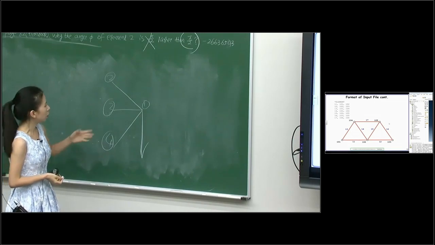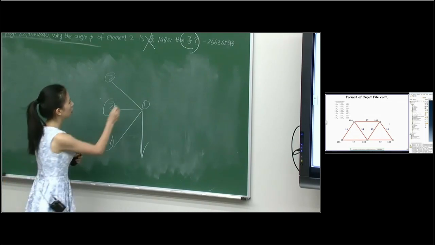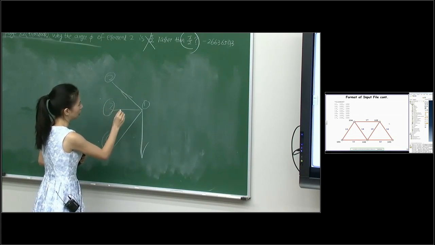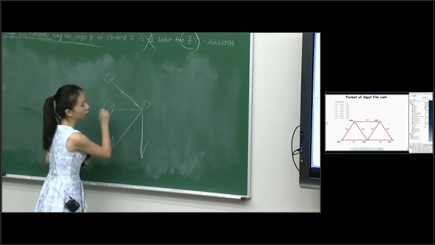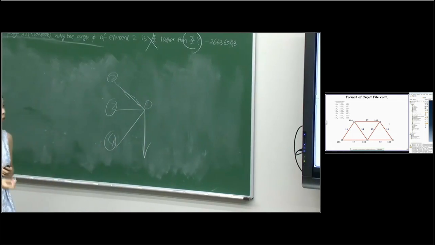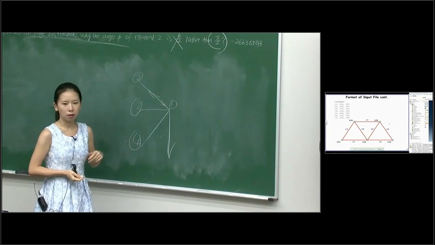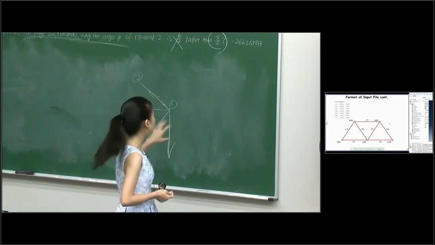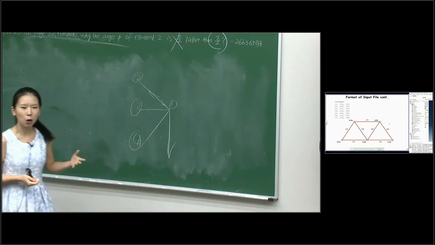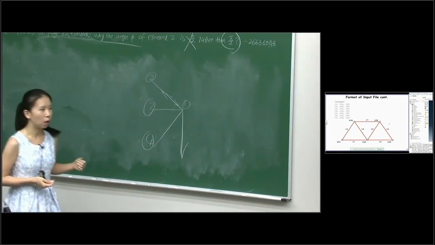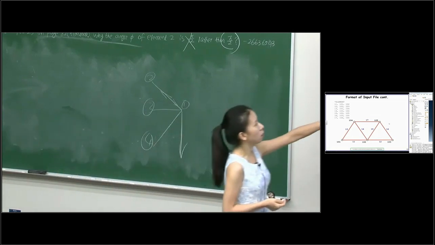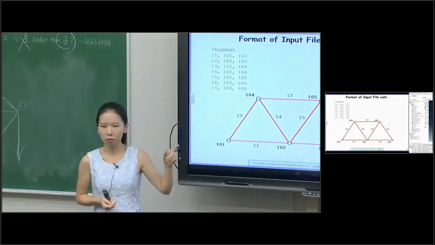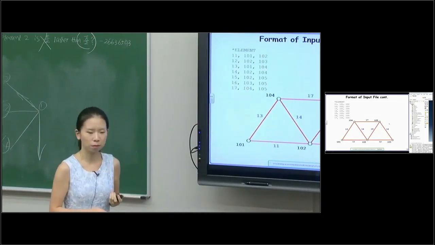So in different definitions, I can define the local x direction in this way, or I can define it in this way. It all depends on how you define the node. But in both ways, the result should be the same, right? The result of this problem shouldn't depend on how you define the node. So in our problem, the starting node and ending node should not be a problem. You can define it any way you want.